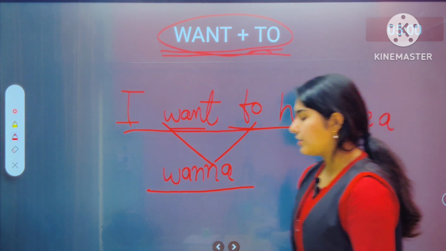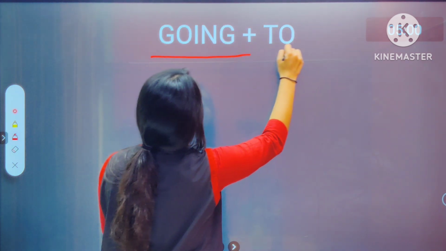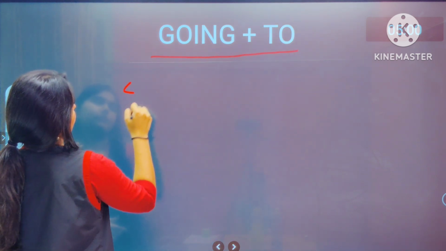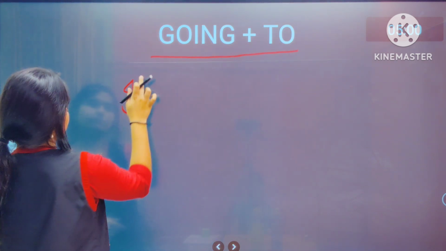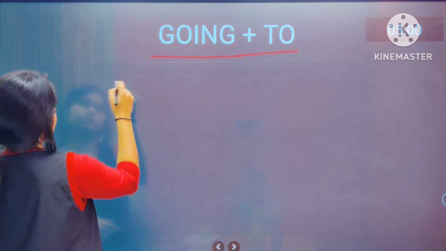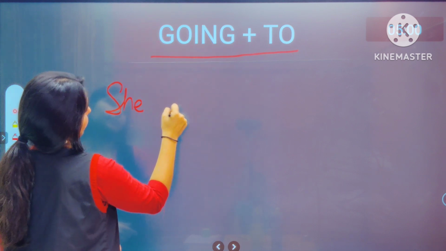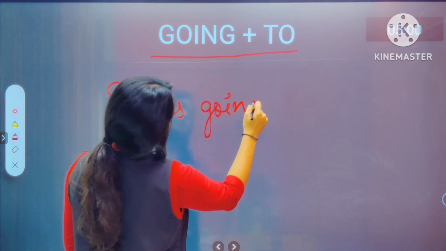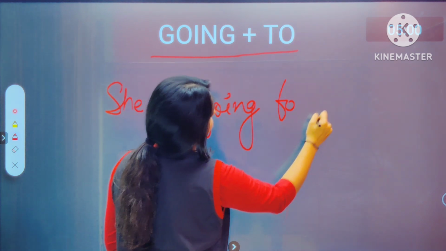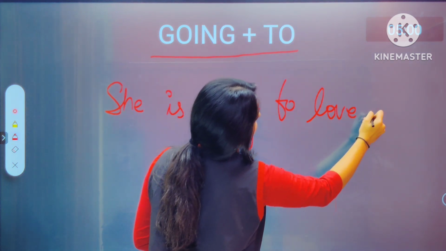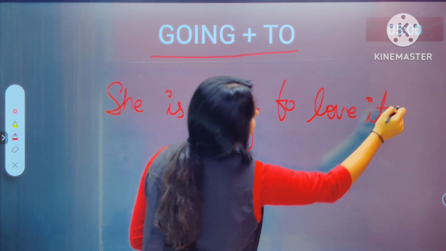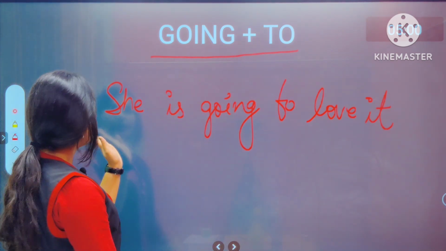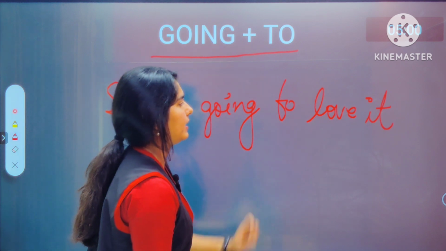Right? Next contraction which we have is going plus to. She is going to love it. The sentence which we have here is she is going to love it.